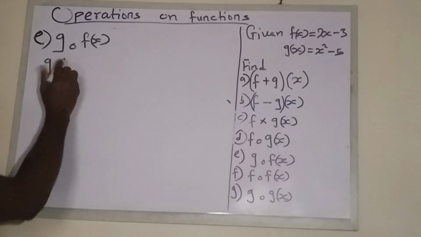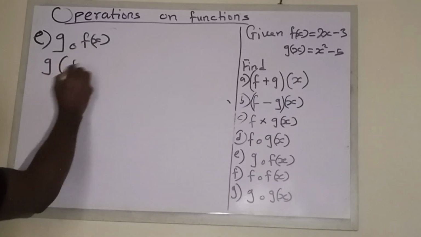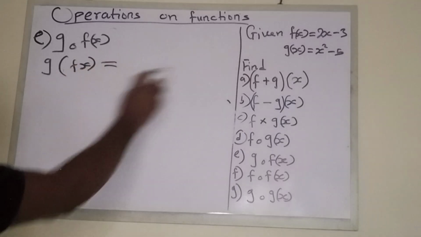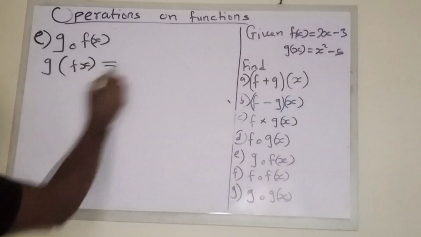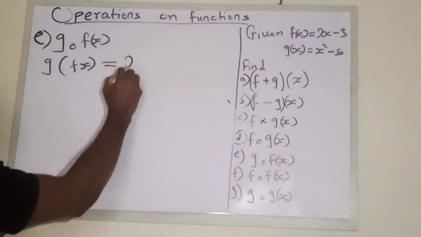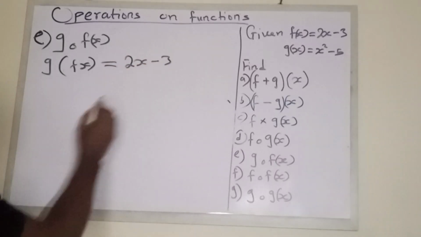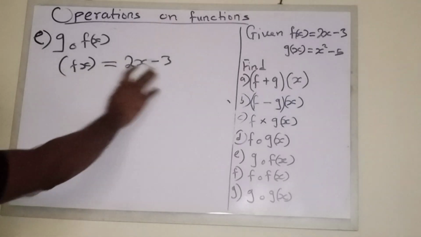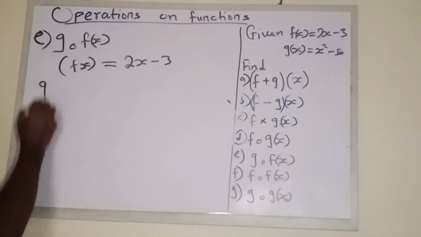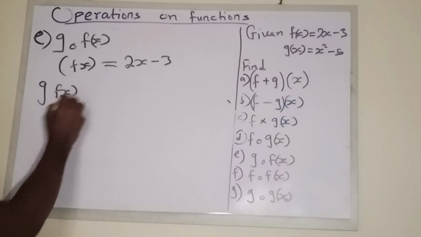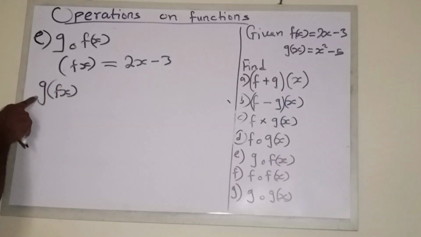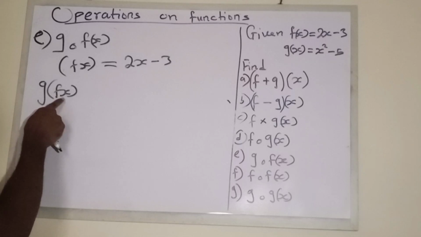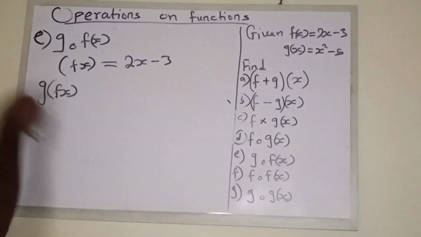Our f of x is equal to 2x minus 3. Let me take away this g. Our f of x is this. So the g of f of x, this g did not see this as f of x. It saw this as x.